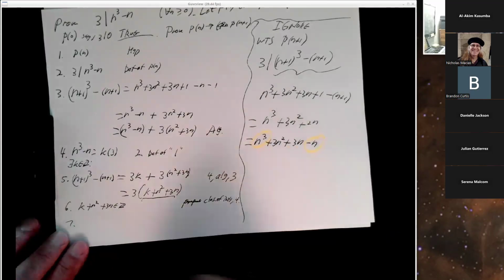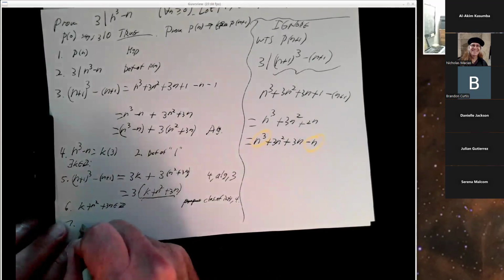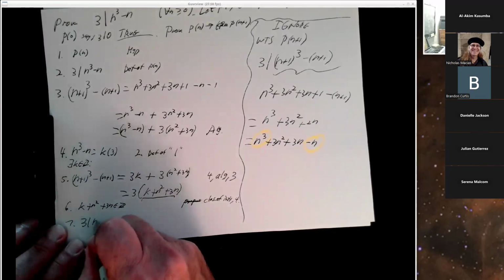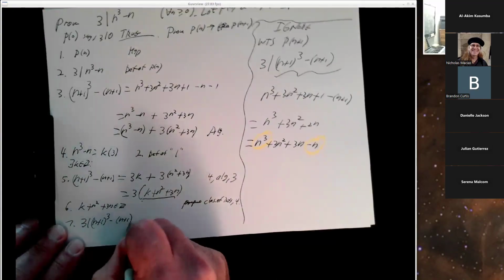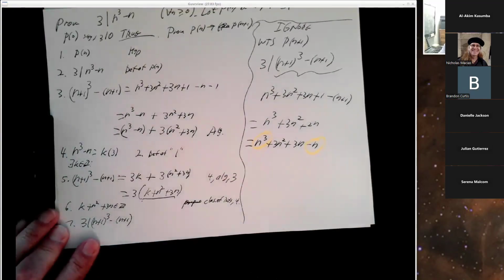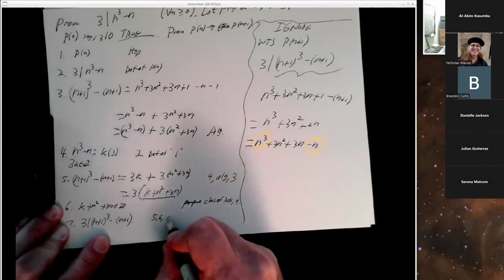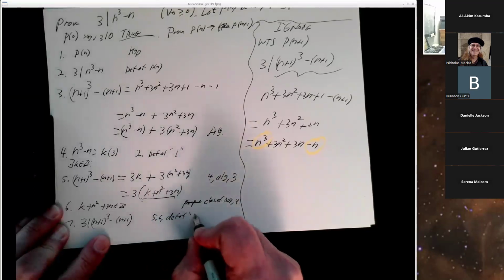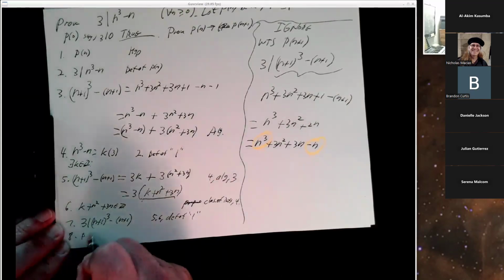And so what have we shown? (n plus 1) cubed minus (n plus 1) is 3 times an integer. That means 3 divides (n plus 1) cubed minus (n plus 1). And that comes from 5, 6, and the definition of divisibility. And that's P of n plus 1.